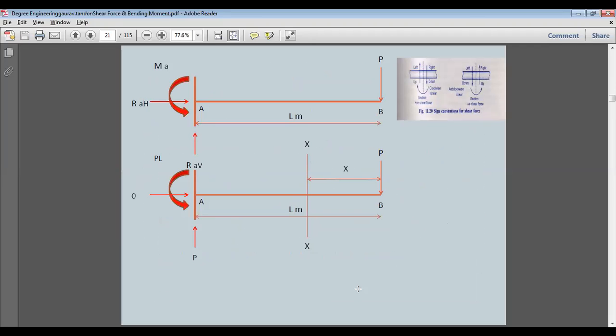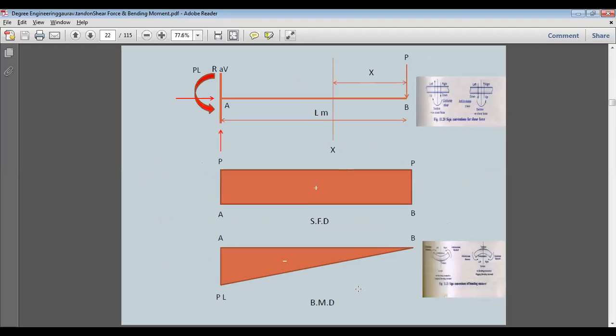So this way we can find the bending moments. This is the shear force convention and the bending moment. We will find that the shear force is uniform from this point to this point. We have earlier discussed that shear force will be positive. This is the baseline AB, and we have a shear force P. From here to here, there is no other force except this P, and at this end we have a vertical support.